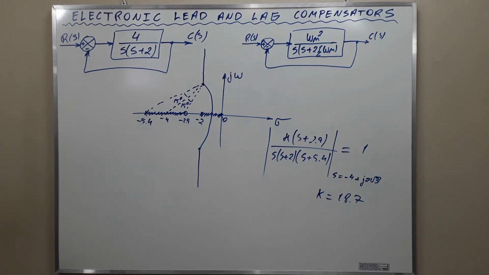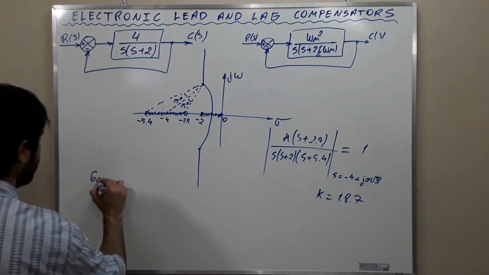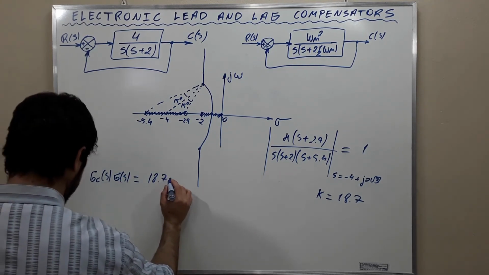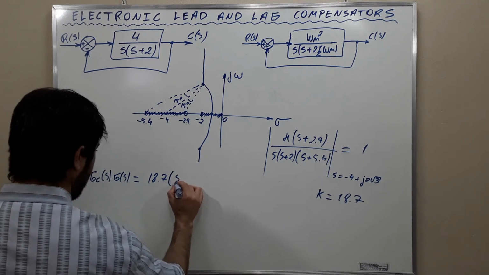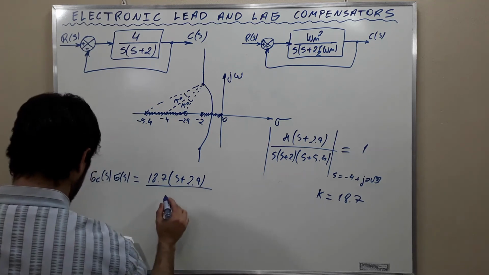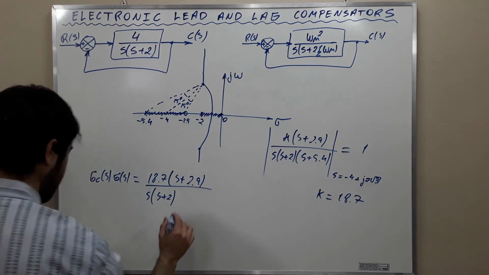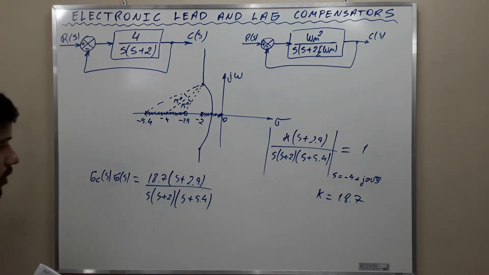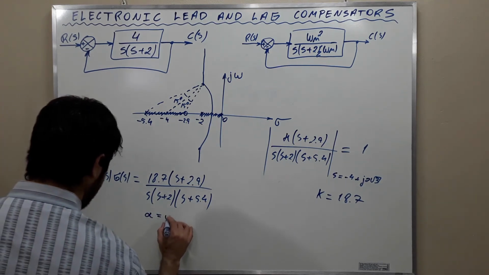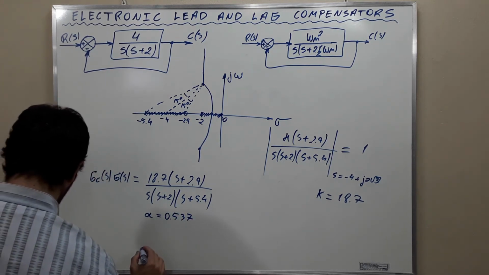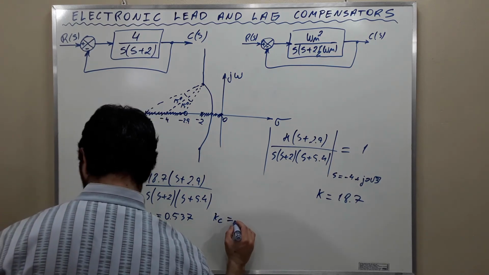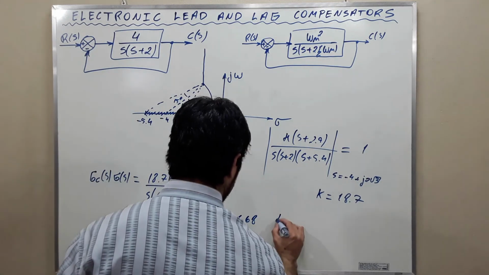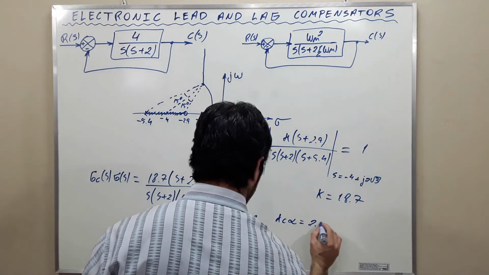And the compensated transfer function is Gc(s)G(s) equal to 18.7 (s + 2.9) divided by s(s + 2)(s + 5.4), where alpha, as we know, is equal to 0.537 and Kc equal to 4.68, and Kc times alpha equal to 2.51.